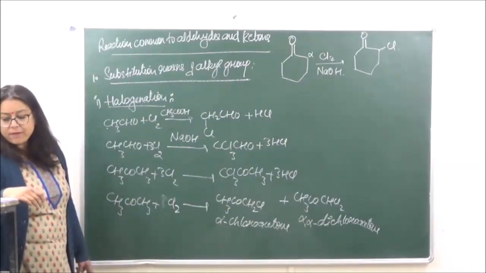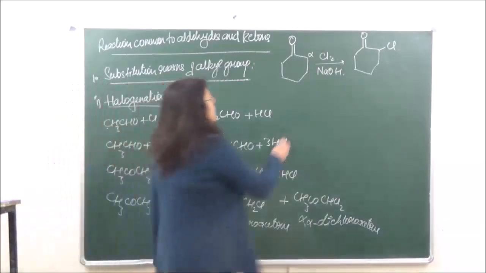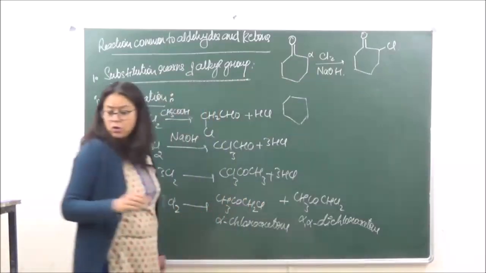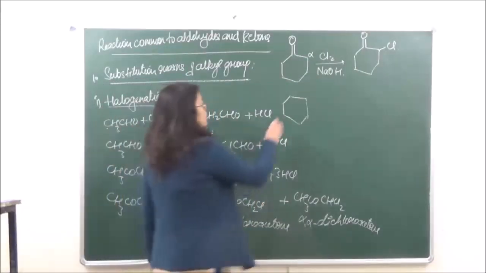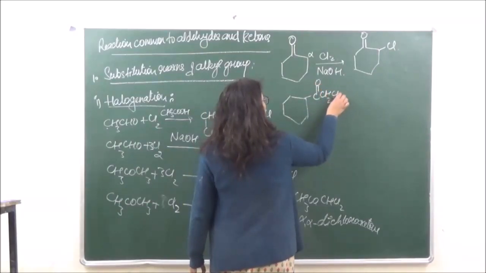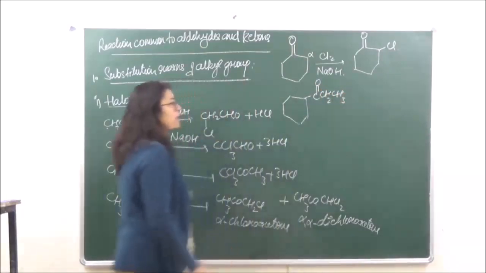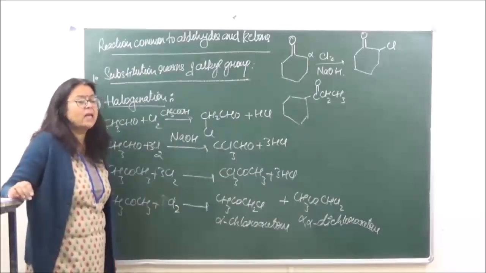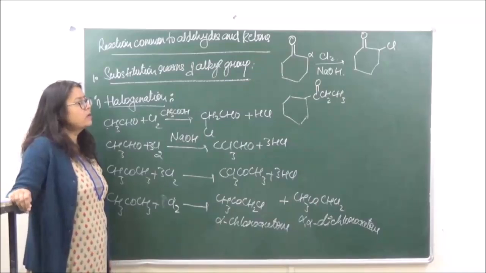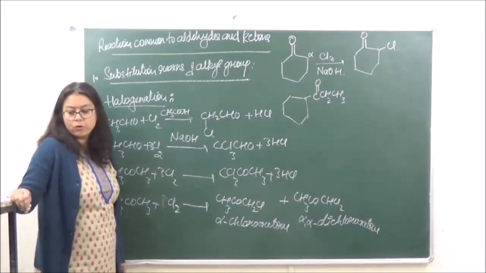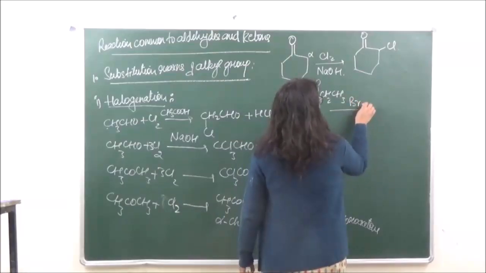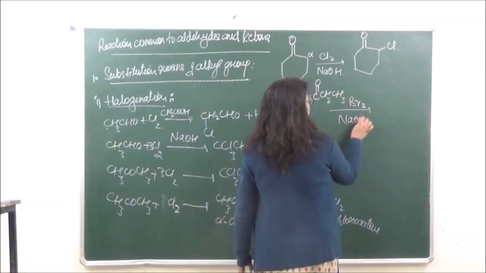And if we have a compound of the type shown, the IUPAC name of this is 1-cyclohexyl propanone. We are doing the bromination of this in presence of NaOH.